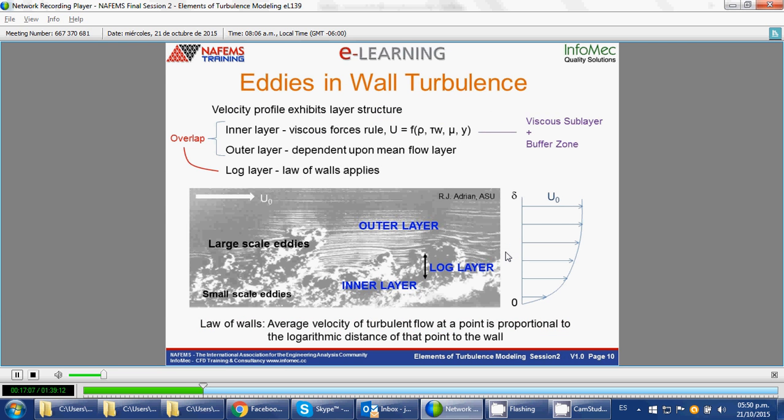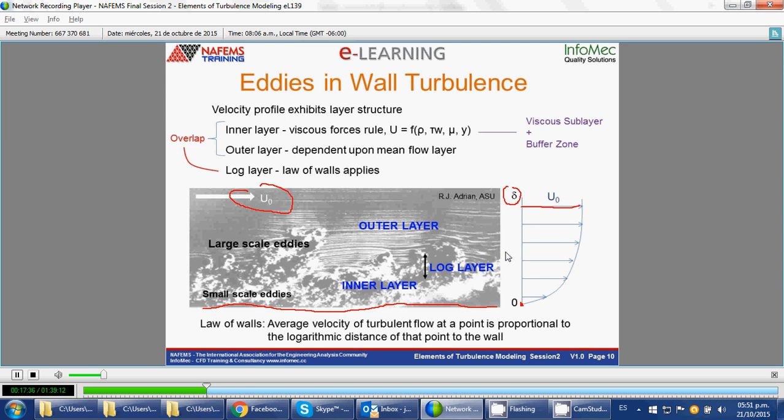So let's take a look at what happens near the wall. If you look at the pictures, your wall is sitting somewhere in this area with zero velocity, eventually reaching the edge of the boundary layer thickness, where we reach the free stream velocity.